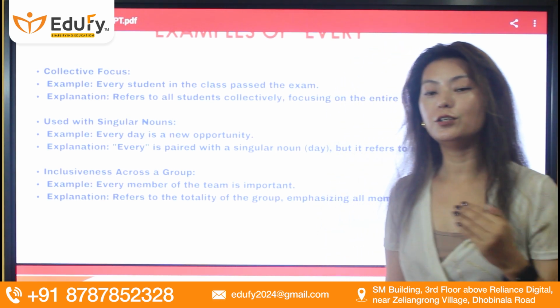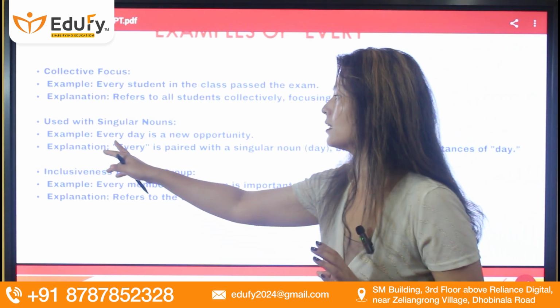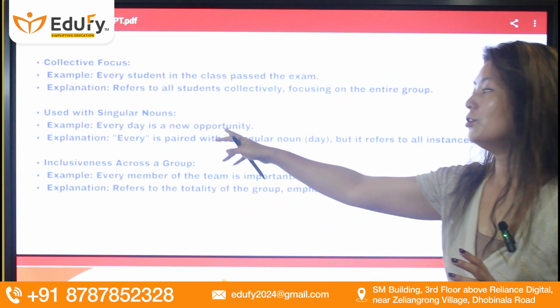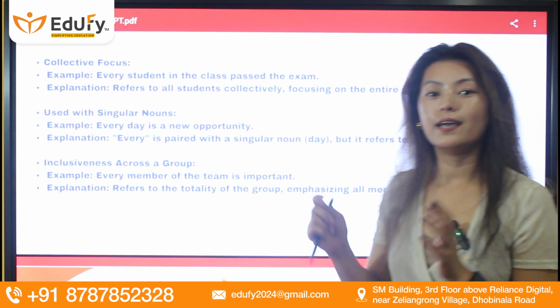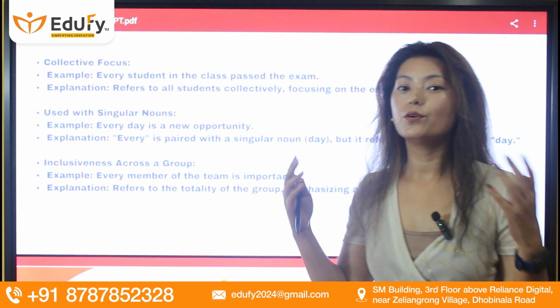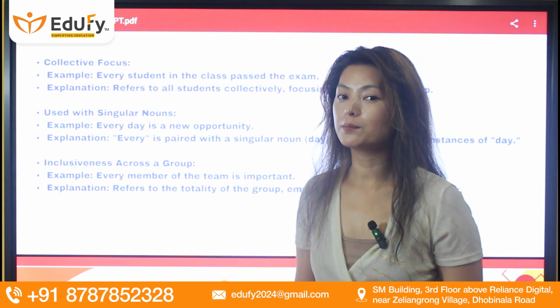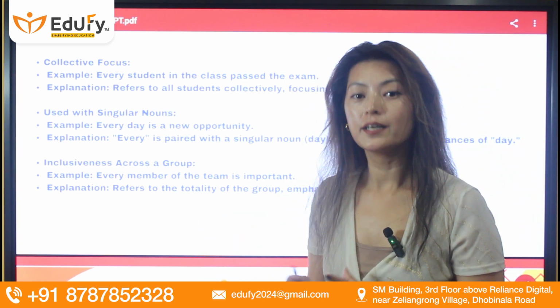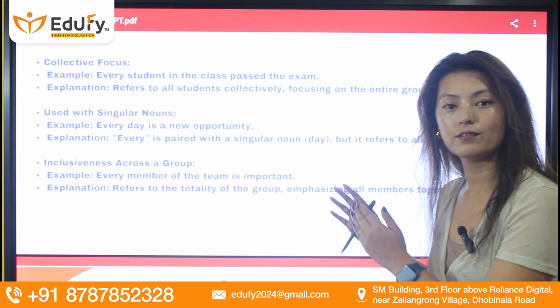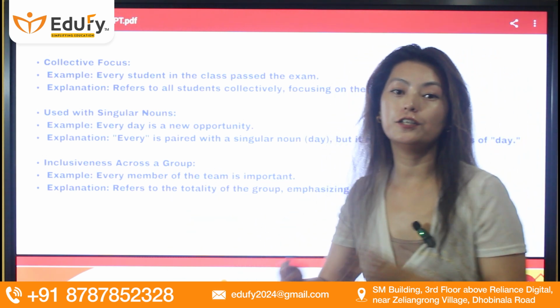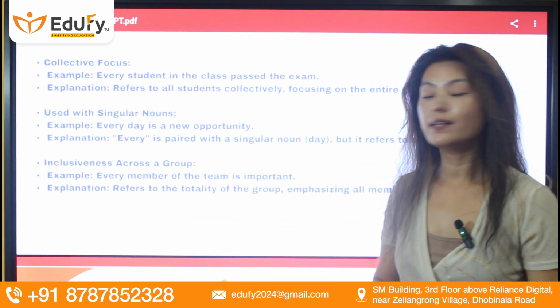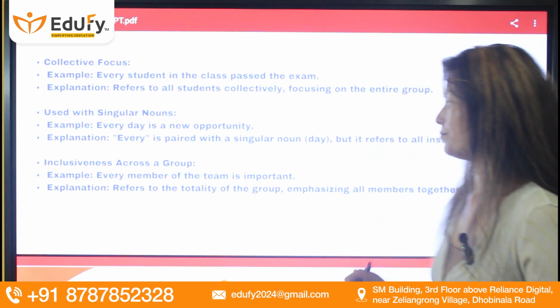Every is basically used with abstract nouns. Similarly here, every day is a new opportunity. The word day is an abstract noun. We all know what a day is. It's 24 hours, but it's not a physical form, right? So the word day is an abstract noun, and therefore you cannot write each day. You will have to write every day.